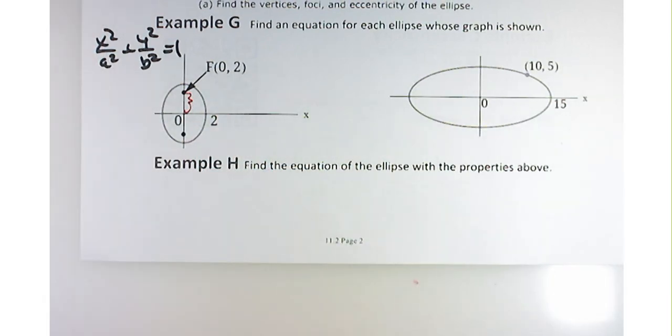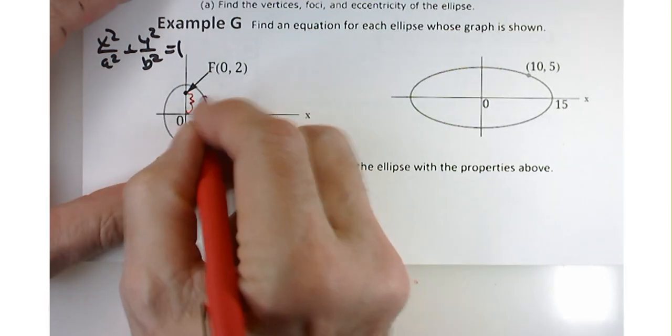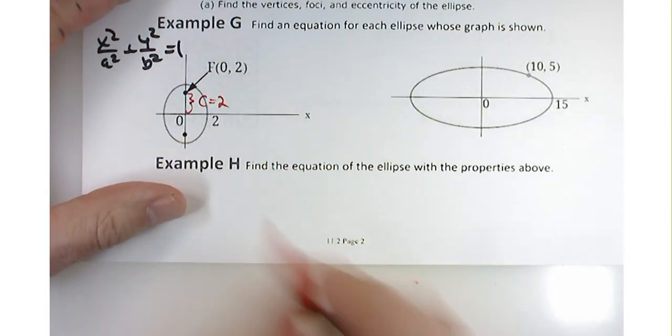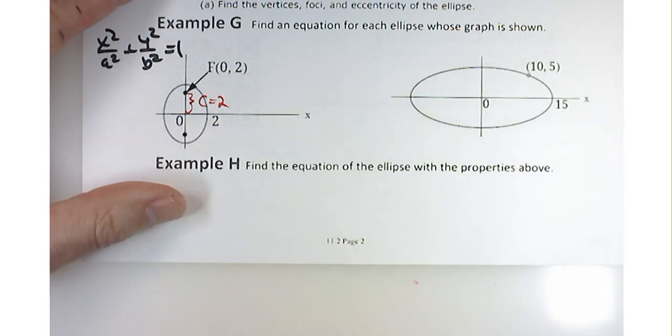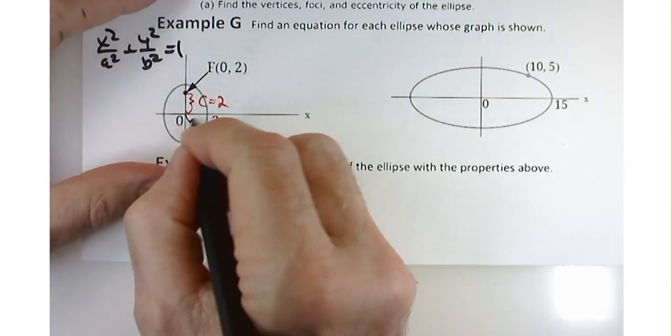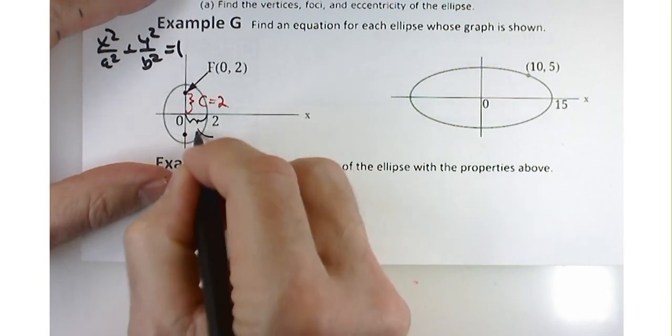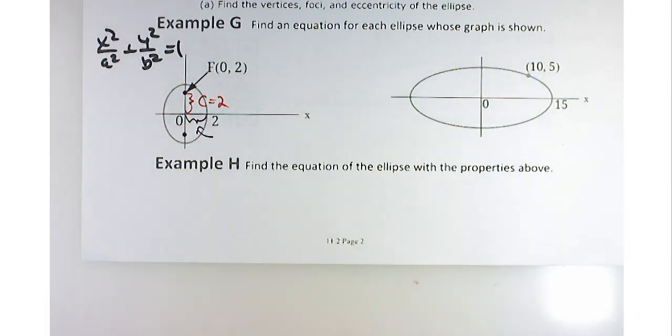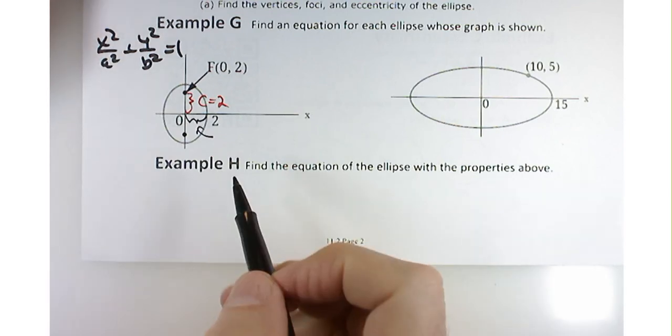Now what is that distance in terms of all the letters that we've been using, A, B, and C? C. That's C. So C equals 2. And I know another distance, that's this one in this direction. But that's not C equals 2. What is that? B. Is that B?